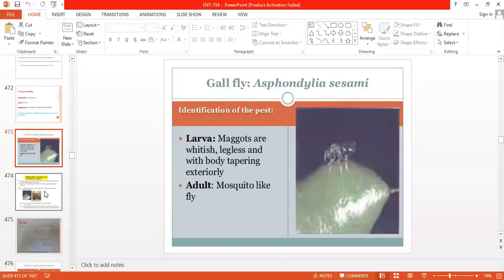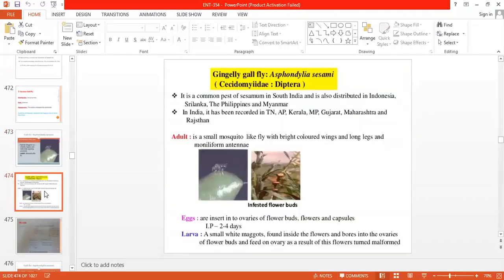Marks of identification of that pest. Adult: it is small in size, about 0.5 mm, with a mosquito-like appearance, ash gray in color.